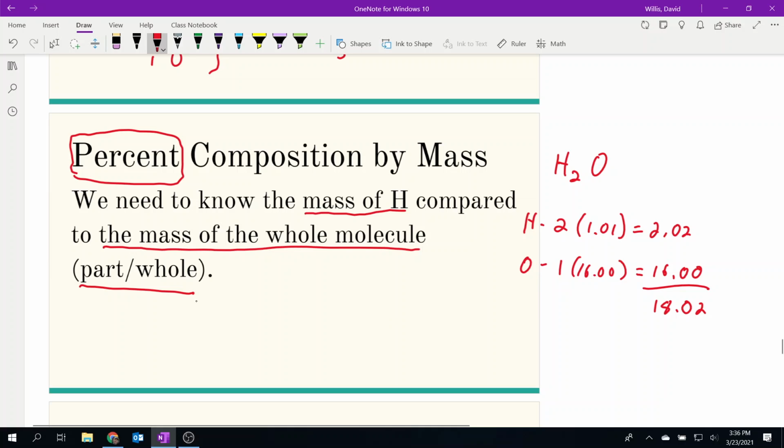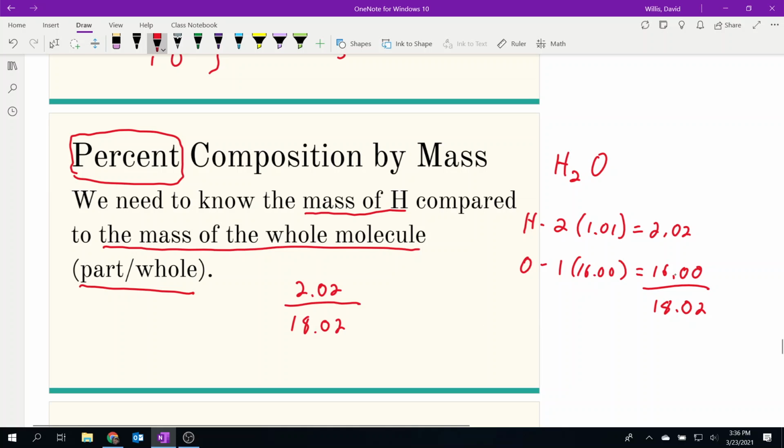So when we say part divided by whole, we are going to say 2.02 is the hydrogen mass compared to 18.02 for the whole molecule. And that's going to reduce to right around 1/9, which will be about 11%.